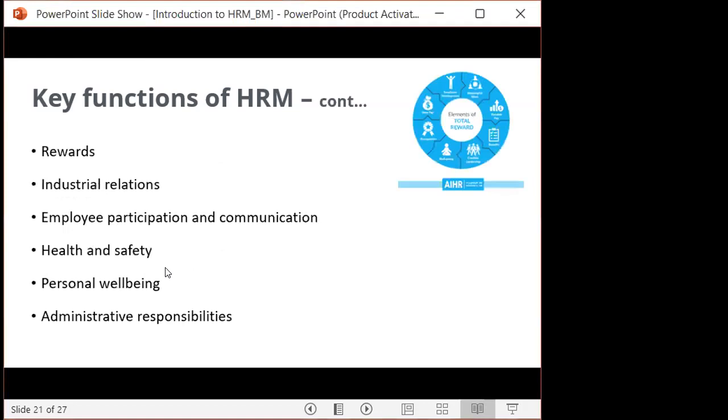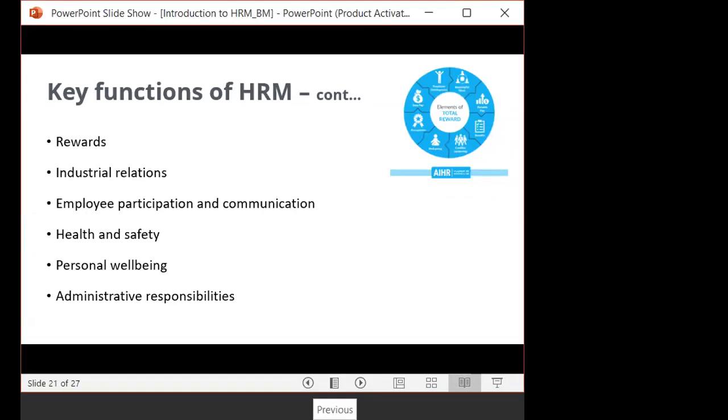Then we have rewards. Of course, you all know what is meant by reward. Rewards means employees are working, so someone has to pay for them. Salary, benefits, and other rewards are included here, and it is a main function of HRM. So those are the next 3 points that we are going to discuss under the main key functions of HRM.